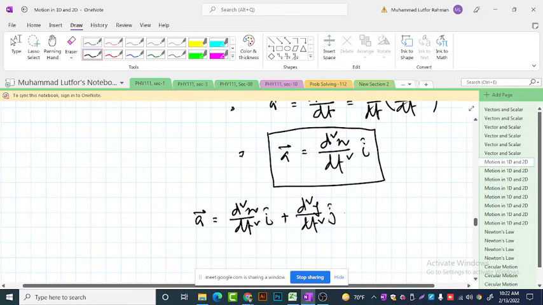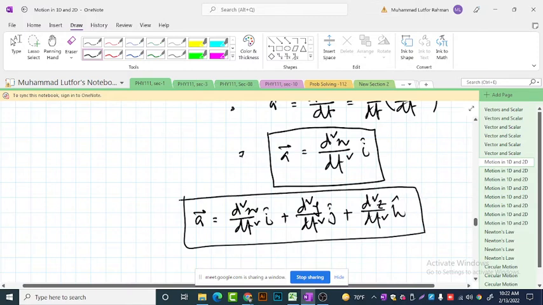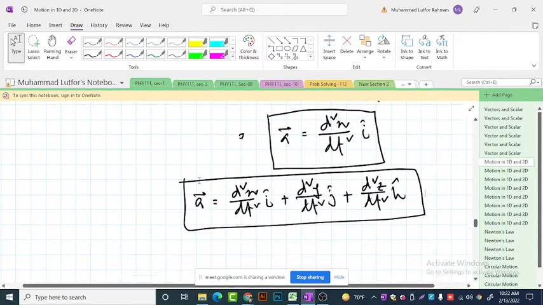If it is 3-dimensional, I will add one more component, d square z divided by dt square, k hat. That would be your instantaneous acceleration of the particle, and it could be greater than 0 or less than 0, depending on which direction you are moving.